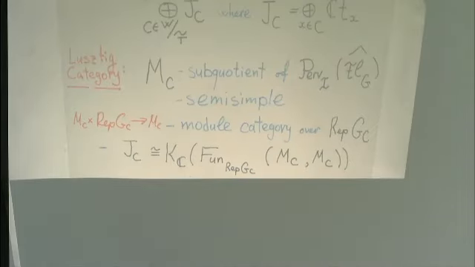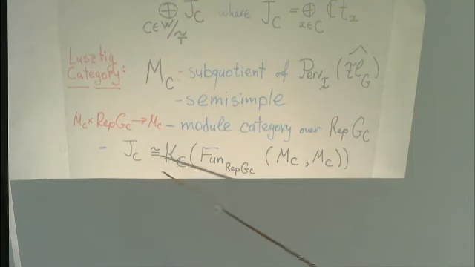And the last interesting property is that this category M_C remembers the algebra J_C, and it remembers the cell so far.